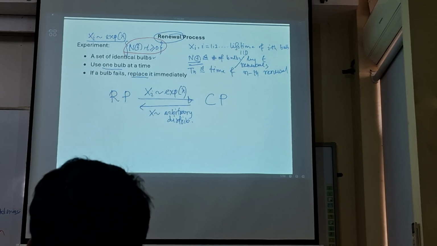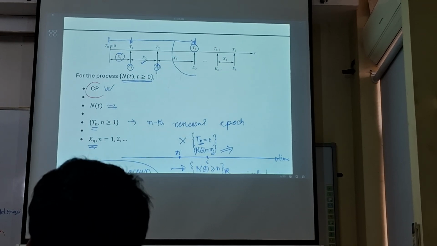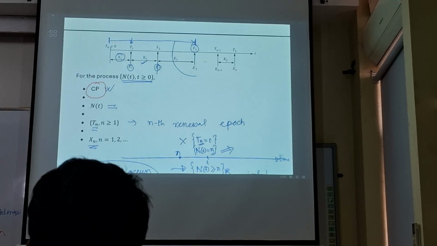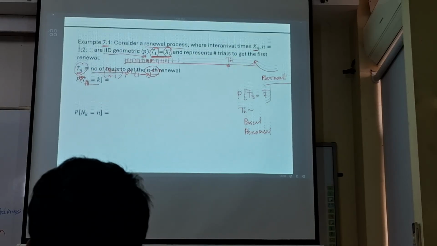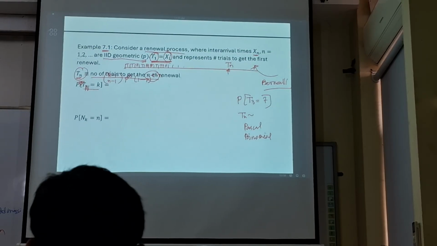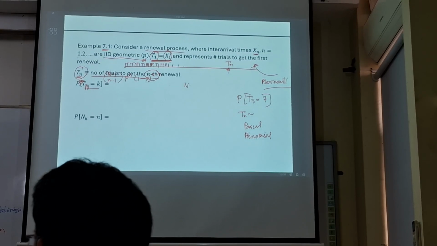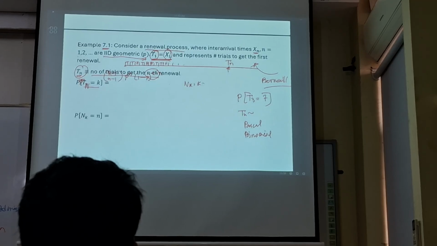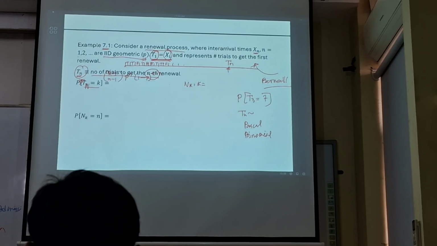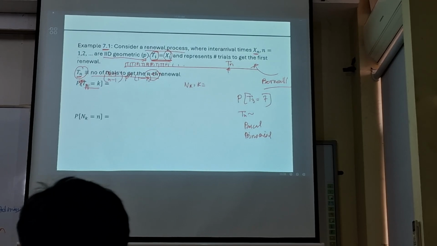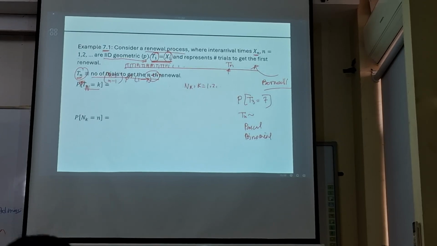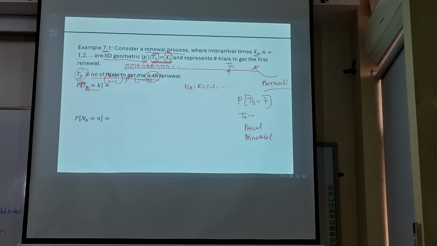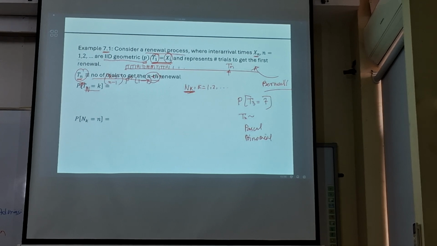We said that a renewal process is what? A counting process. It has to count. So here, who is counting? N sub k, k equal to 0, 1, 2. N sub k is counting what?